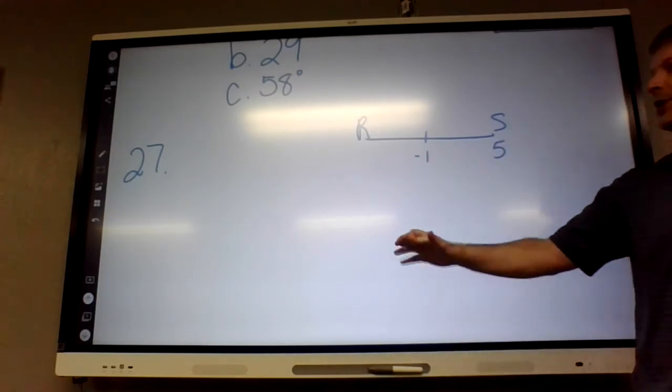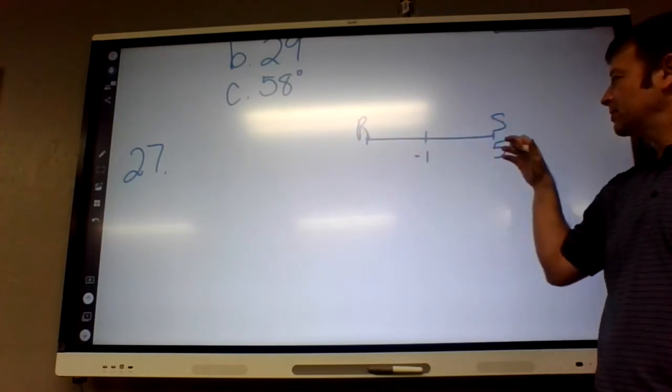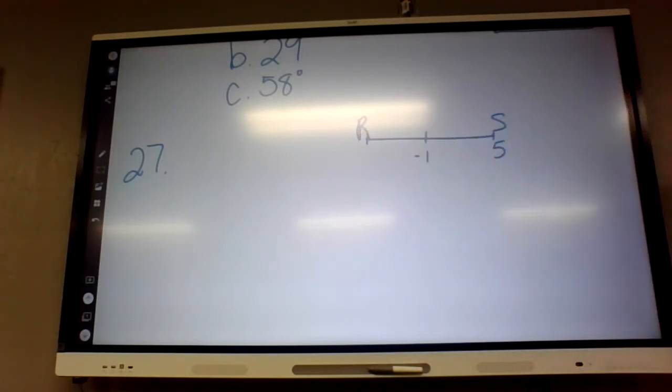So how could I find what the coordinate of R is right there? Do the math and know that it's -6. You're a little bit off.